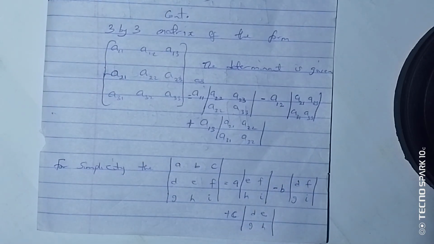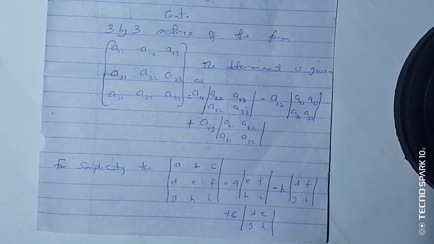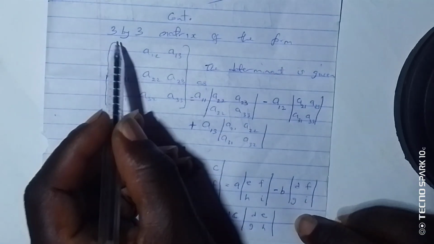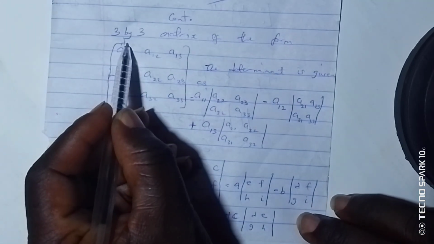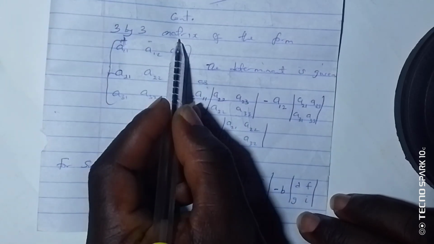Now, to get the determinant of a 3 by 3 matrix, it's a step higher than that of a 2 by 2 matrix, but the knowledge of the 2 by 2 matrix is of course very important here. So what you do is introduce a plus sign here, a minus here, and a plus here.